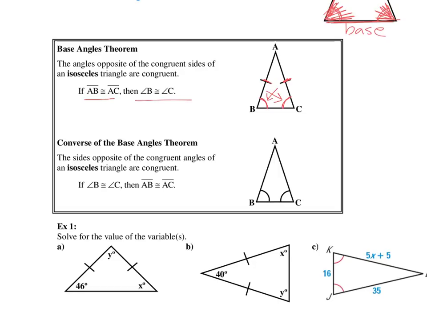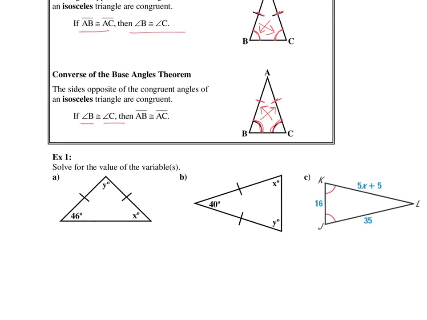And vice versa. So if these two angles are congruent, then the sides across from them are congruent. That's all there is to it. Pretty simple property, but comes in really handy.